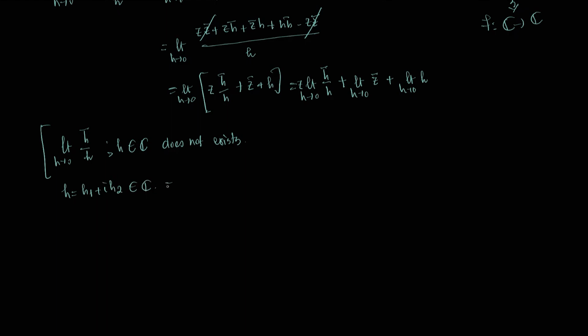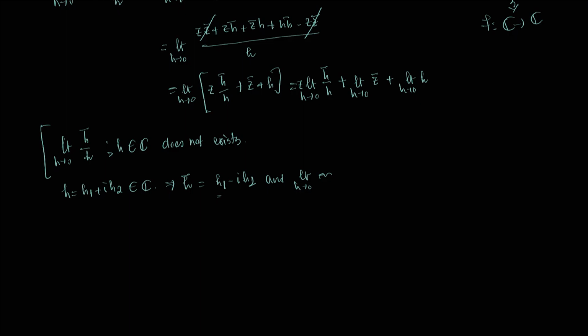That will imply that h bar is nothing but h1 minus i h2. Now, limit h tends to 0 implies that both h1 and h2 in the real sense also go to 0, right?